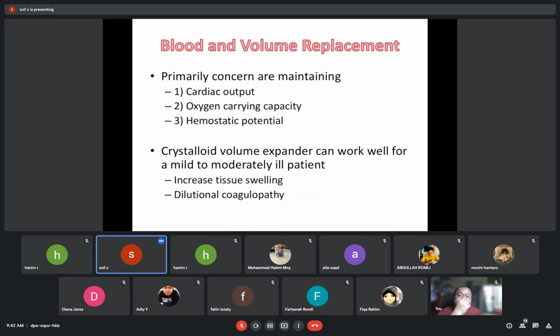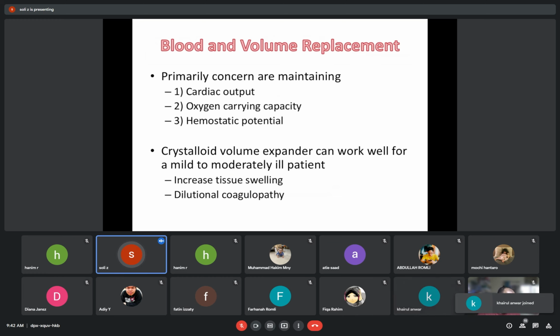Like mentioned just now, in the trauma triad of death, we aim to replace blood volume. We can give crystalloid, but it has no oxygen carrying capacity and cannot perfuse an organ. It will cause dilutional coagulopathy and increase tissue swelling.